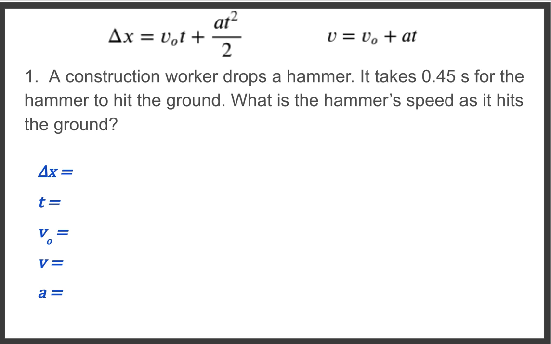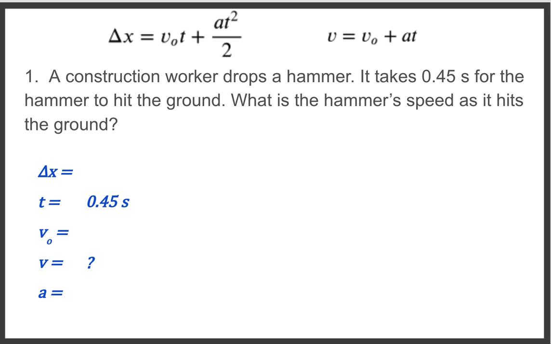It might help to list off some of the things that were given in the problem so that we can see which formula is going to make more sense. In this case, we should see that the time is known and the hammer's speed at the end, the v, not the v sub 0, but the v, and the displacement are unknown. Okay, and then there's some hidden information.